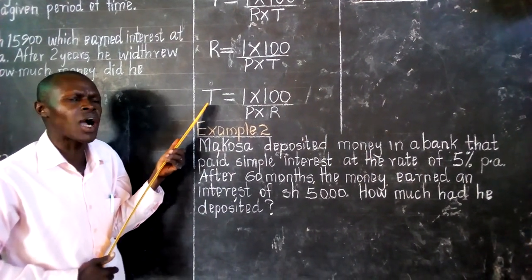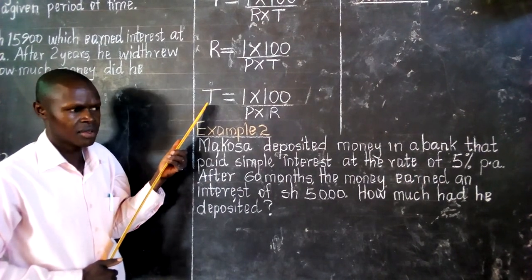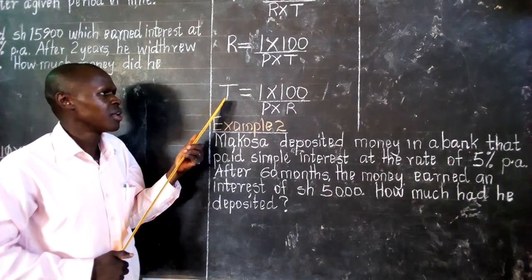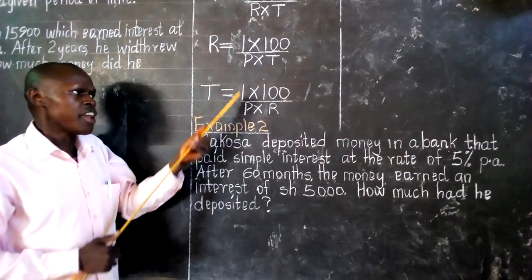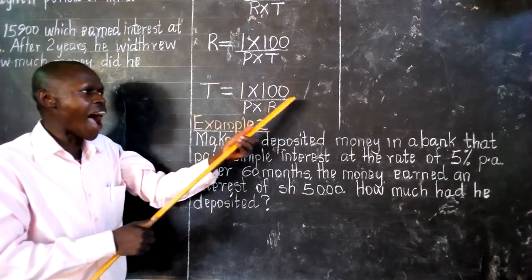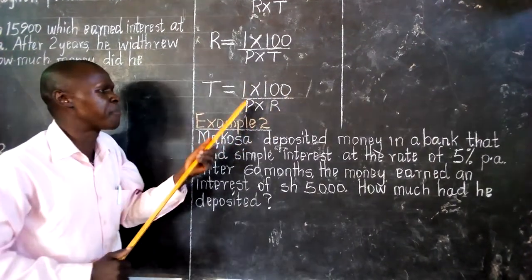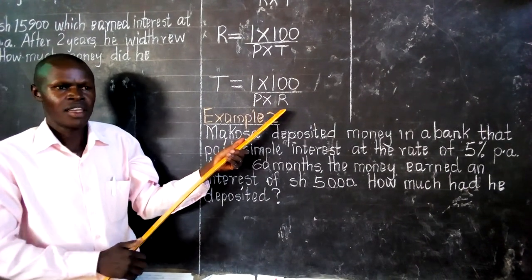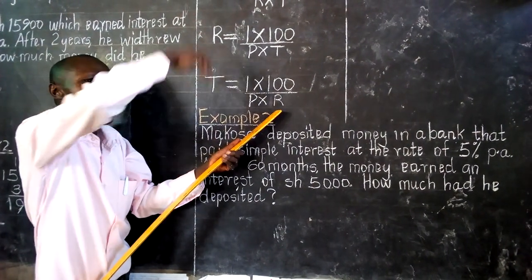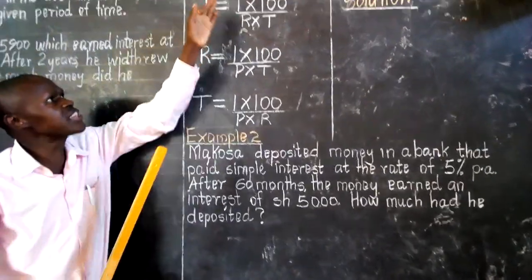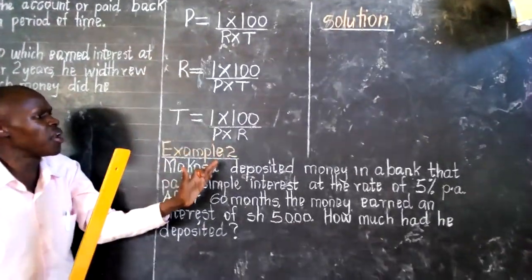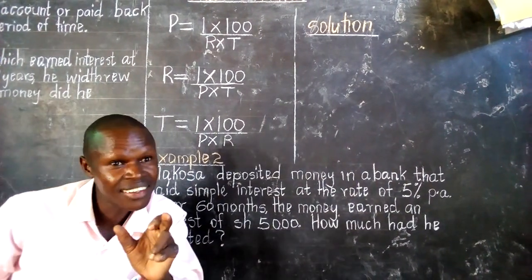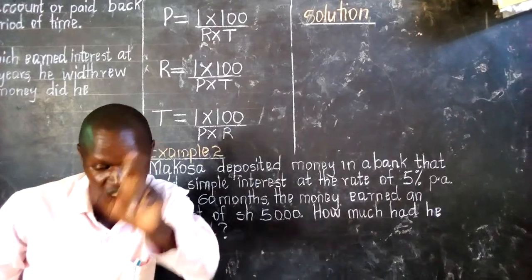Suppose you are supposed to work out for time. This is the formula to use. That is, time is equal to interest times 100 all over principal times rate. In case you are asked any of the three, these are the formulae that you are going to use.